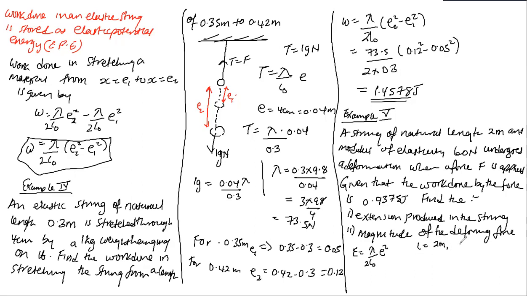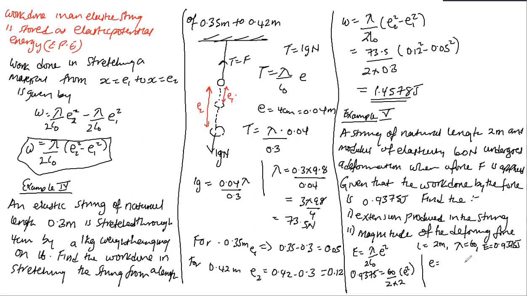The modulus of elasticity is 60. Then the energy is 0.9375 joules. With that, we can substitute and make E the subject. 0.9375 is equal to 60 over 2 times 2 times E squared.